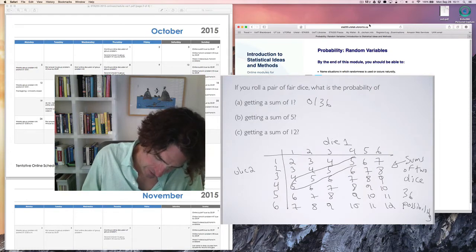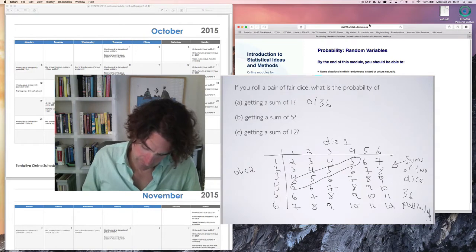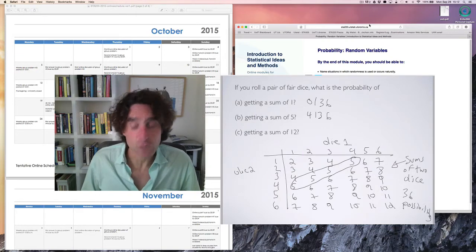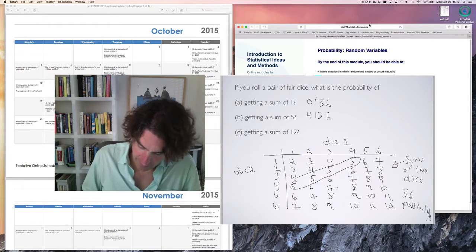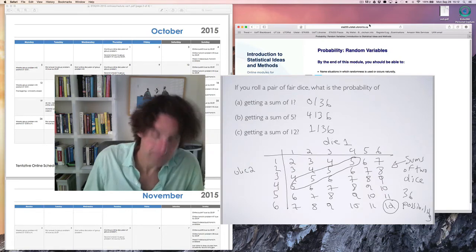These are all the different ways to get a 5, and there are 4 of those. So it's 4 out of 36. And getting a sum of 12, well, there's only one way for that to happen, and that's right here. So that's 1 out of 36.